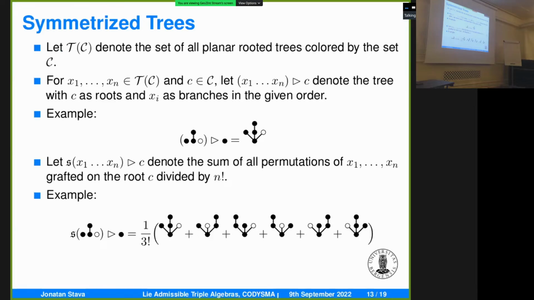And now I want to talk a little bit about trees. I'm just giving you the minimum to be able to state the main result. This is just some notation on trees.